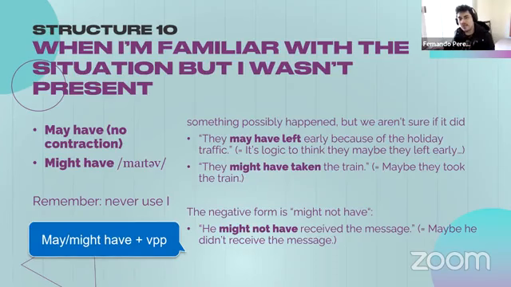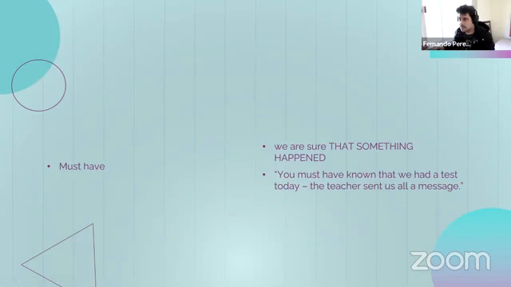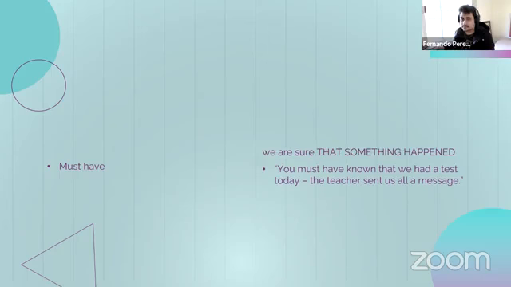Exactly. What if we suppose something but the supposition is stronger? Then we need to do a little change. It's not might. We go to must. Check this out. We are sure that something happened. This is the application of must have, guys.